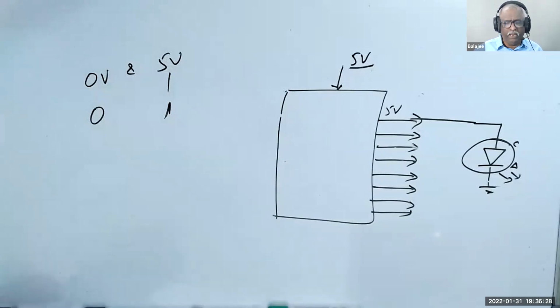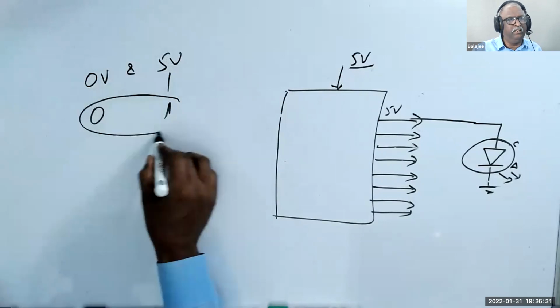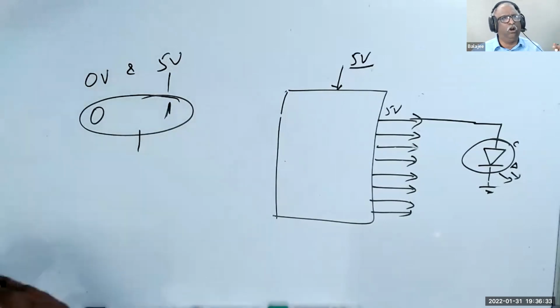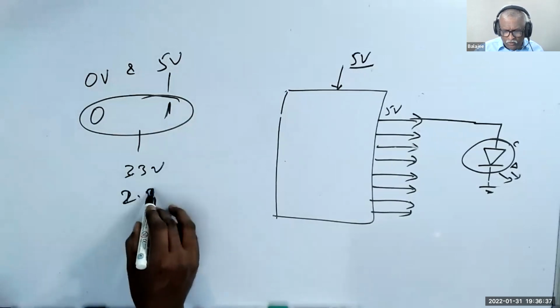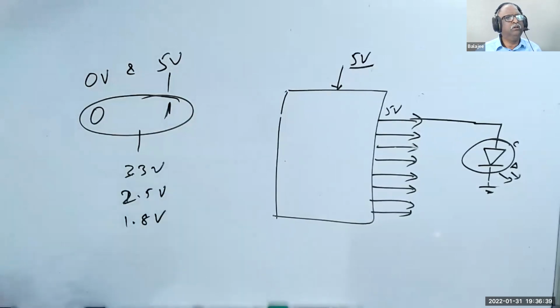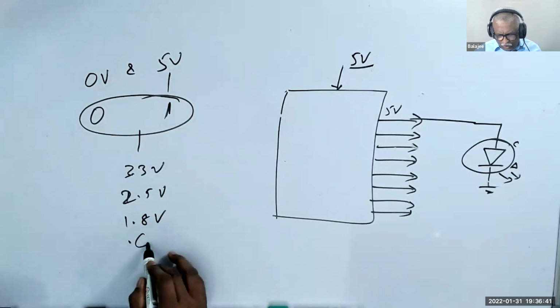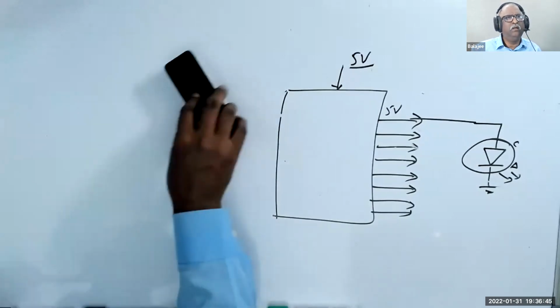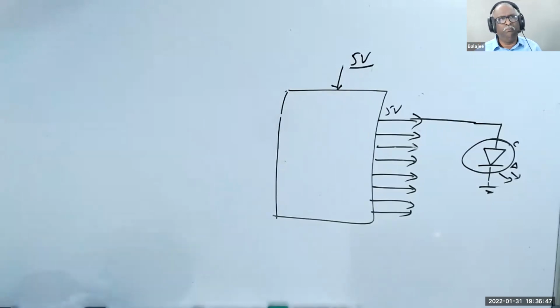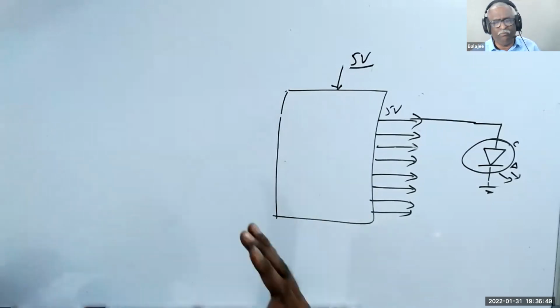It need not be. This started that way and was in the field for quite a long time. But nowadays 3.3 volt, 2.5 volt, 1.8 volt, 0.625 volts are being considered. So don't think that it's only 5 volt. Right now, I'm using it to give an example.